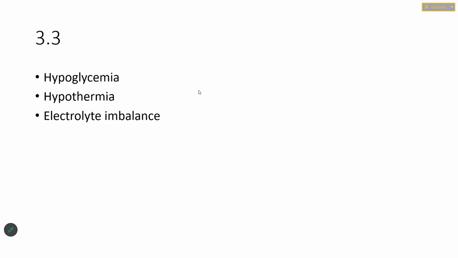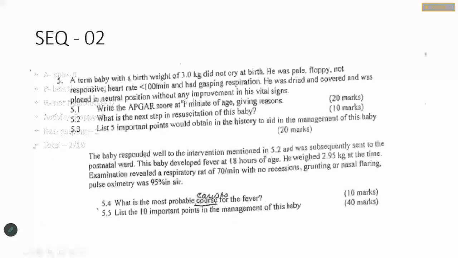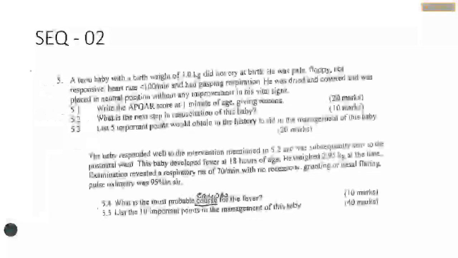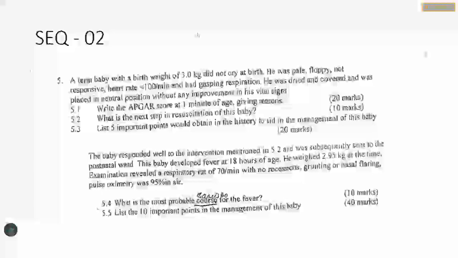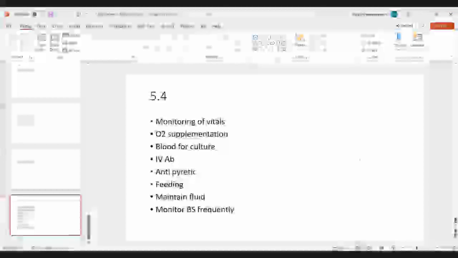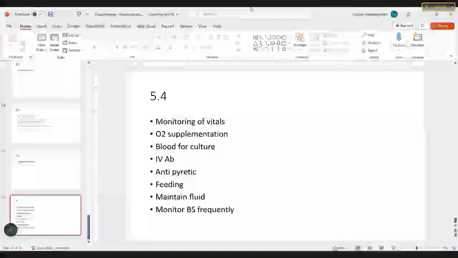I have given this one SEQ, but I don't have the time because I think you may have another batch. So we will finish it now. If anyone has a doubt, ask me. Otherwise, we can wind it up now.